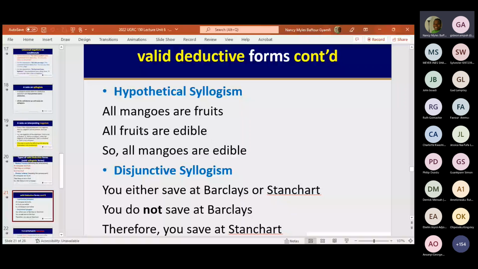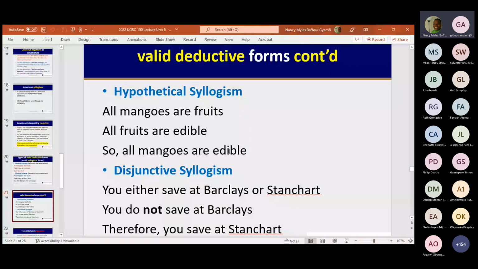That is it. If you were drawing it on the Venn diagram, I want to help you picture it. Then we'll say all mangoes, M, the set of mangoes. So the circle M is inside fruit. All mangoes are fruit. Fruit may be triangles. So the circle of mangoes is inside the triangle of fruit. That's the first premise.